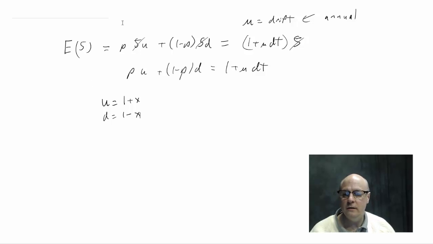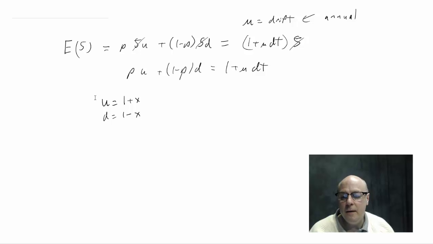When they're given a question, like go back to our original in the video before, the stock went up to 101 or down to 99, that matches this. That makes x equal to 0.01 in the video before. But I could have just as easily set the question up saying that the stock goes up to $200 and down to $90. Now there is no x that matches both of those, so I can't use the formulas we're about to develop on that particular example.